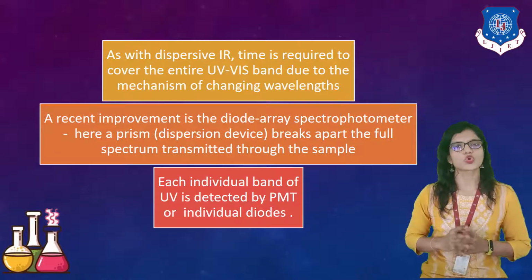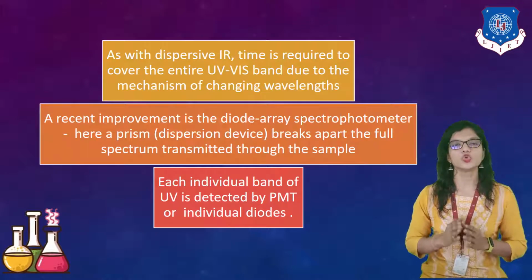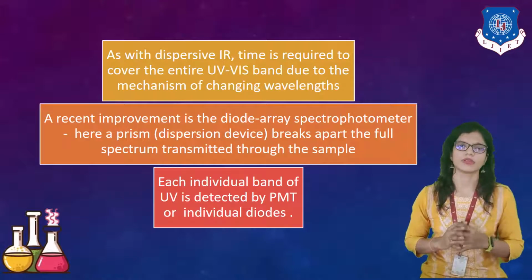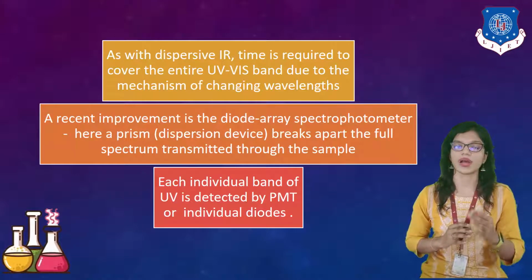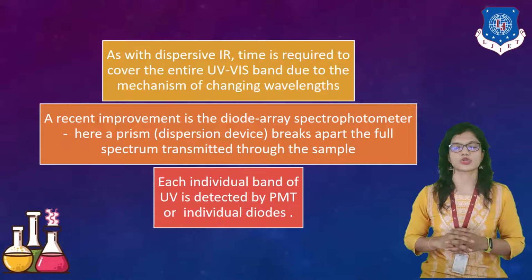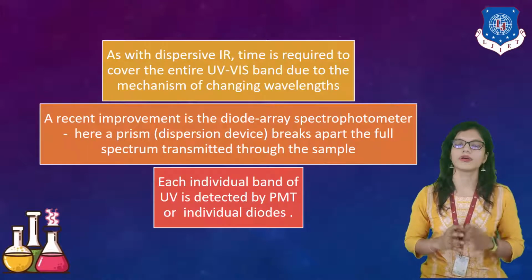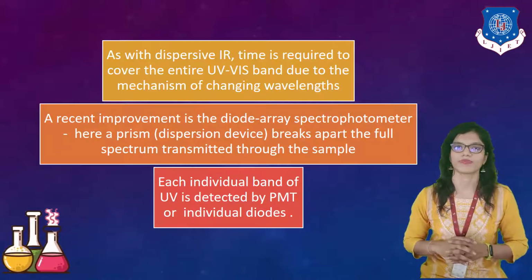Spectroscopy is basically the use of electromagnetic radiation for the identification of the sample. We can use UV, visible, IR, or any other regions also. Depending upon the region which is used, we can name our spectroscopy accordingly.